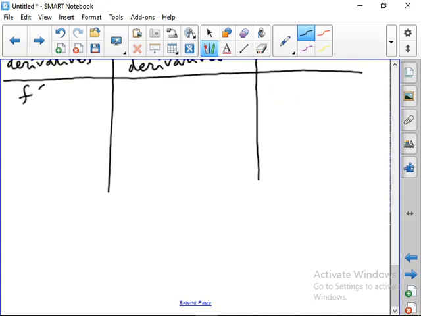So now we will make the table. So first one, f of x. So what is f of x? Log x. So at x is equal to 1, log 1 is 0. Then f dash of x. Log x differentiation is 1 by x. Okay. Now x is equal to 1, therefore it will become 1.